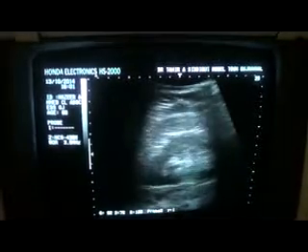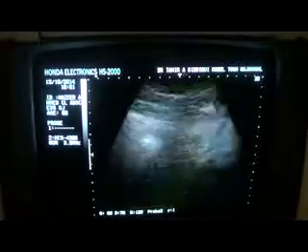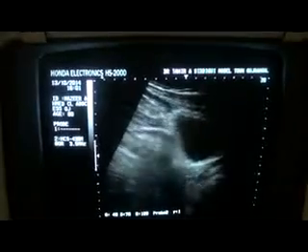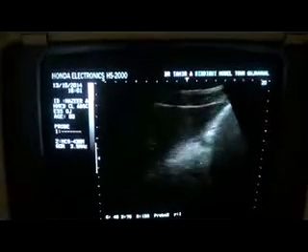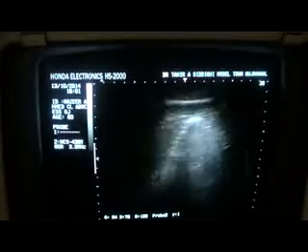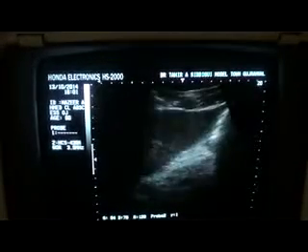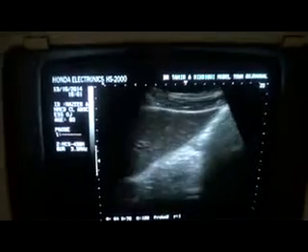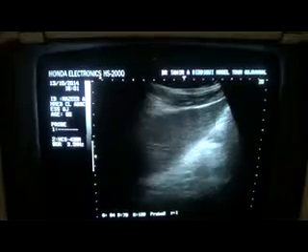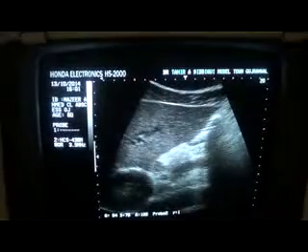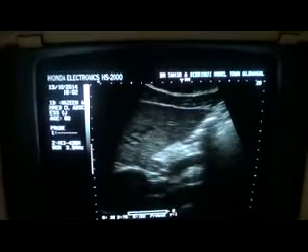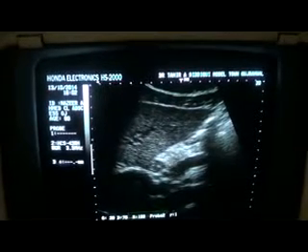Left kidney is normal. There is no ascitic fluid seen in this patient. There is no evidence of para-aortic enlarged lymph nodes. There is a small paraceliac enlarged lymph node seen with the central dot.